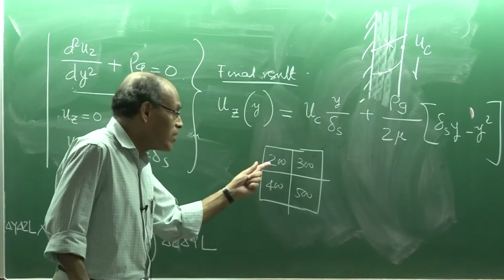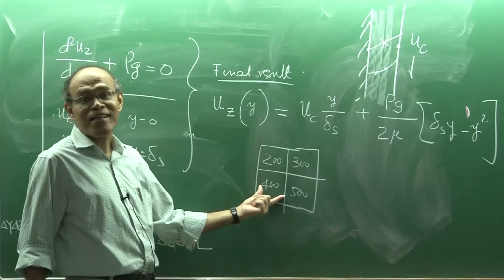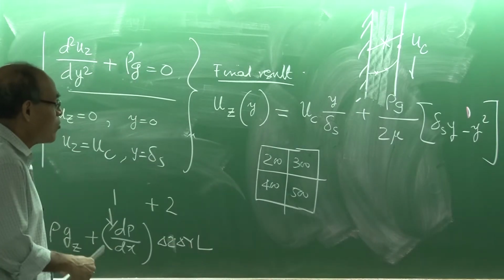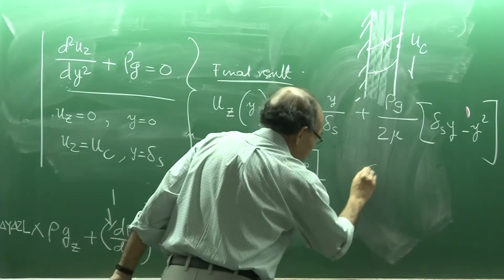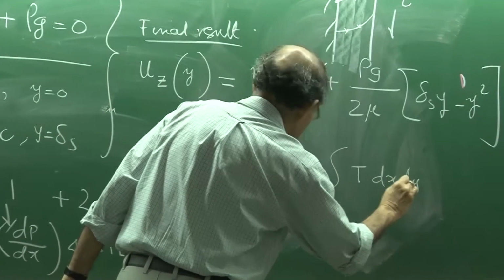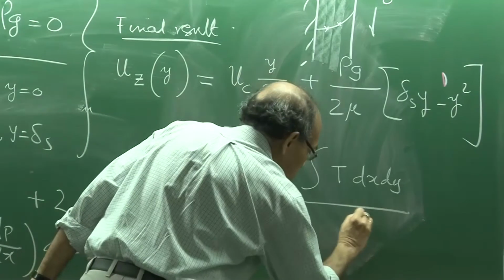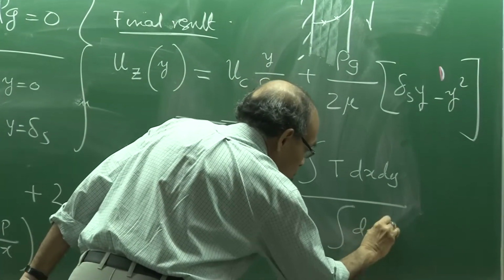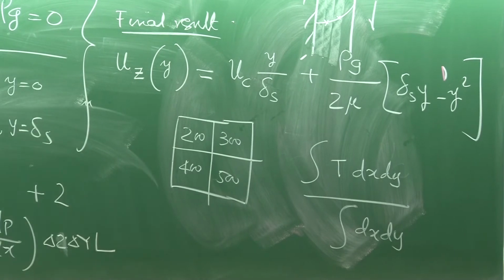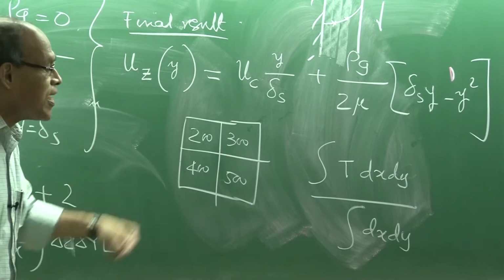But imagine if these are non-equal parts, in that case you have to really do an integration, and that integration basically is, if you take T, it is going to be T dx dy, divided by the area, which we call the area average temperature of the square plate that I have written here.